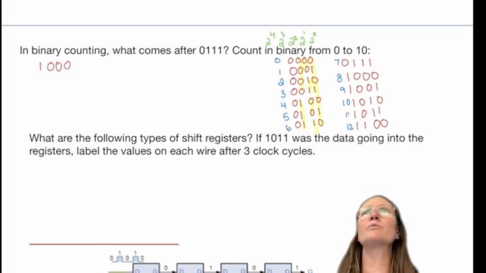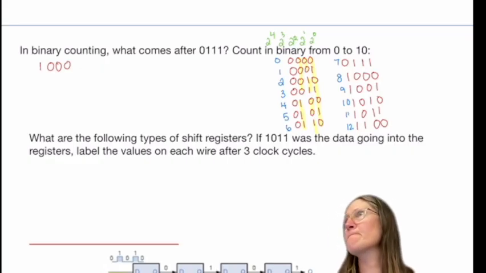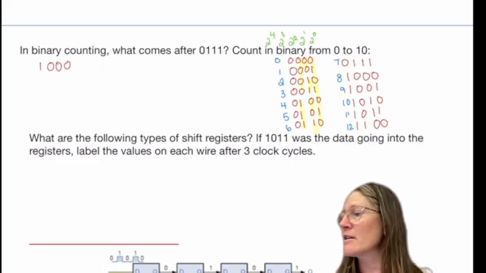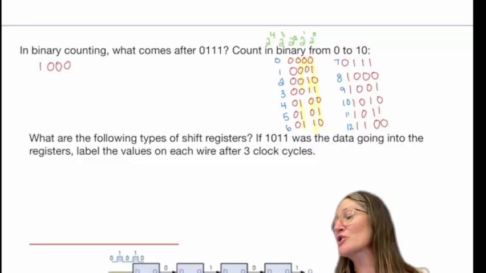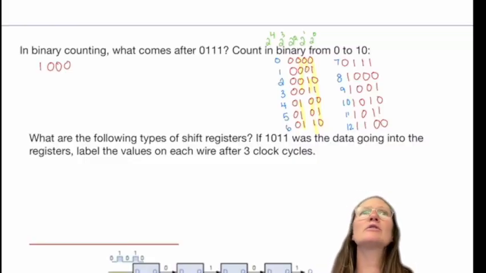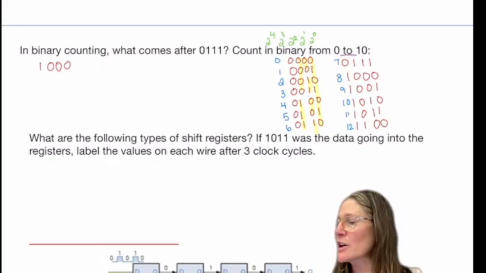All right, if these were states, how many flip-flops would I need for this design? Or if I wanted to store 10 into registers, how many flip-flops would I need? Correct, 4. So I need a register for every bit.